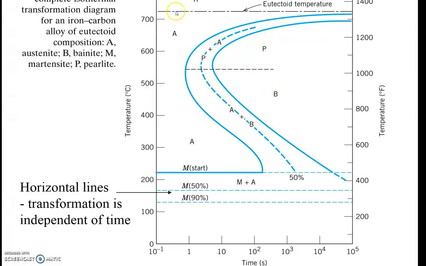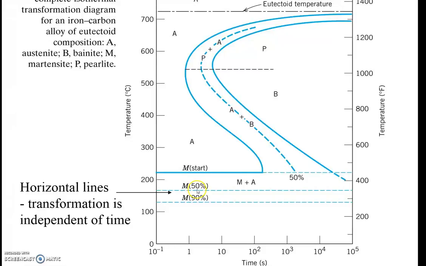Then we said if you rapidly quench the austenite all the way down to close to 200 degrees, another microstructure forms. It is not a stable microstructure; it never truly achieves equilibrium. So we show it on the isothermal transformation diagram as hash lines.